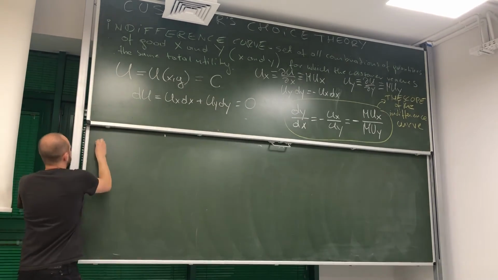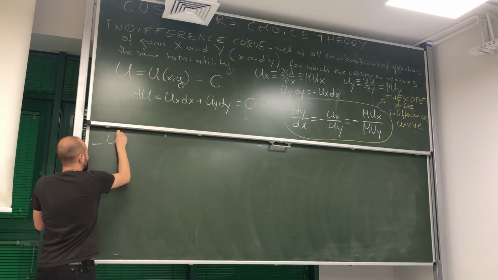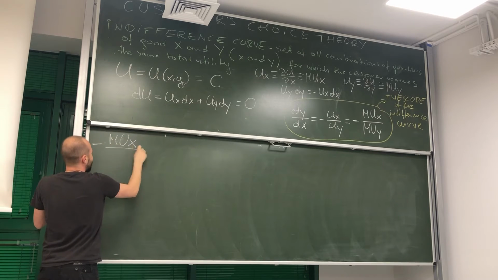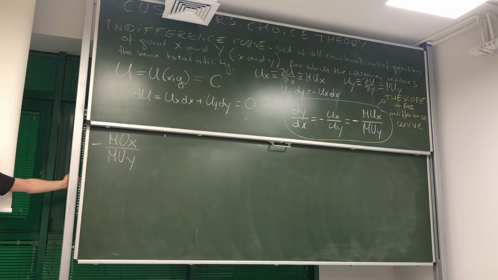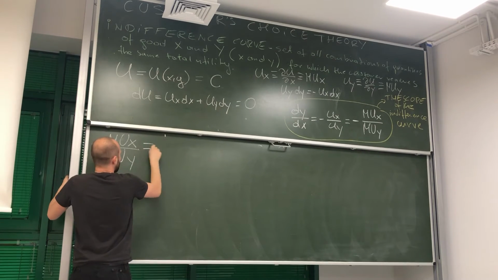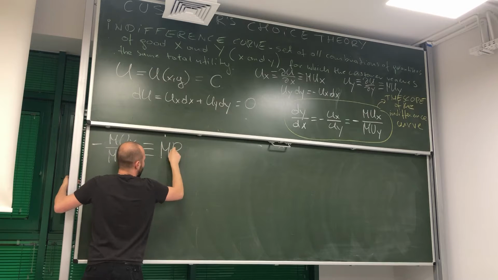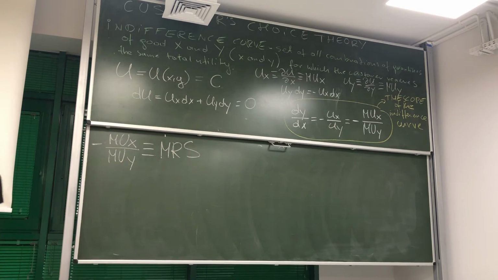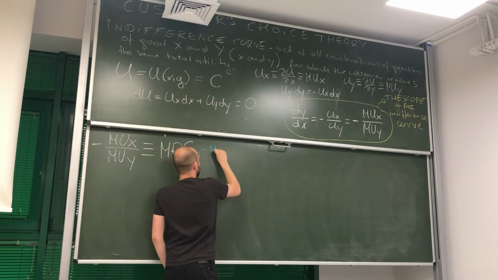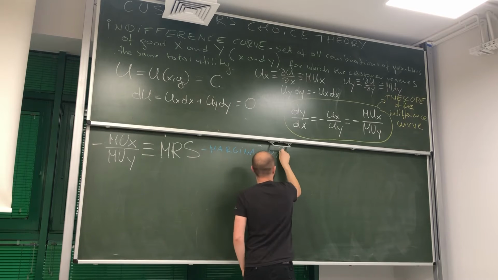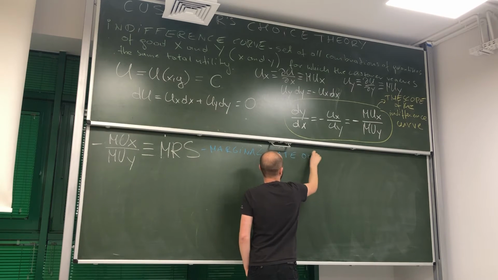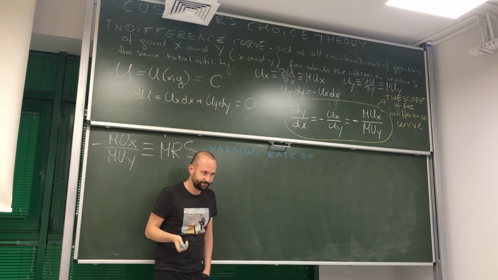So, the negative of marginal utility of good x divided by marginal utility of good y is something that we will call MRS, or marginal rate of substitution.